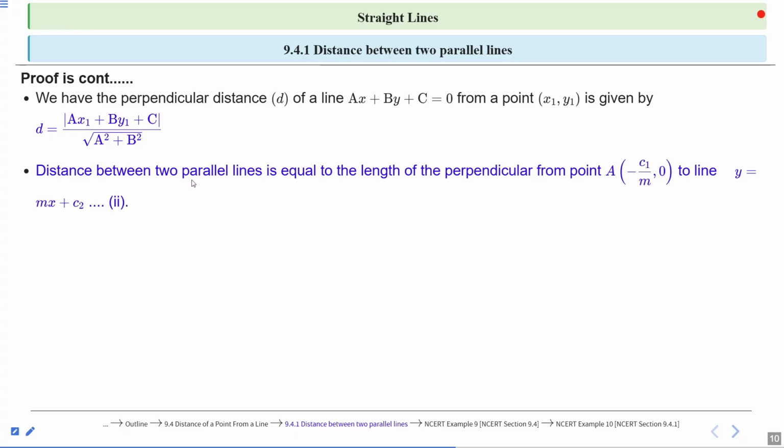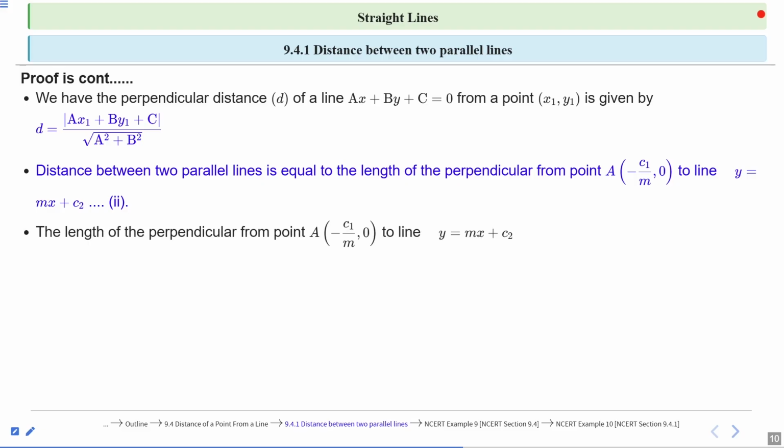So now the distance between two parallel lines is equal to the length of the perpendicular from point A (minus c1 over m, 0) to the line y equal to mx plus c2. If we find the distance of the line y equal to mx plus c2 from point A, then that distance is basically the distance between the two parallel lines.